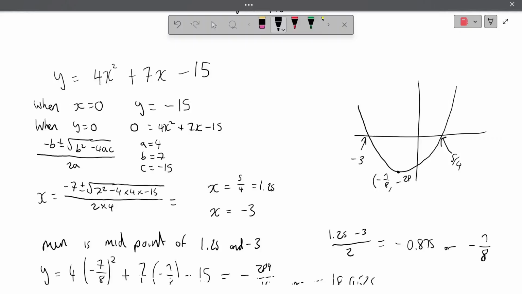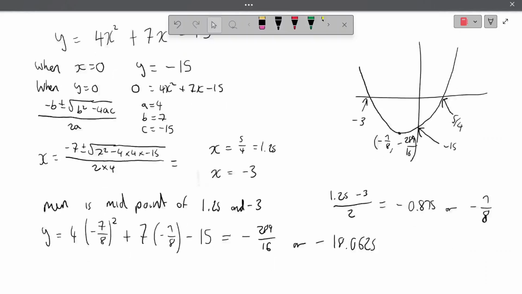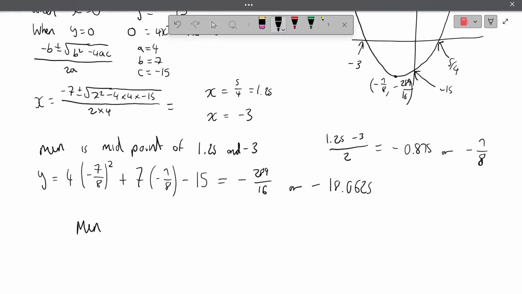Minus 289 over 16. And this point here was at minus 15. So you can just label them as arrows or whatever with numbers. At the minimum point, you need a coordinate. It's not particularly nice, but the min point is (minus 7/8, minus 289 over 16).